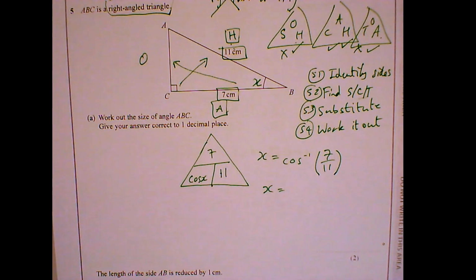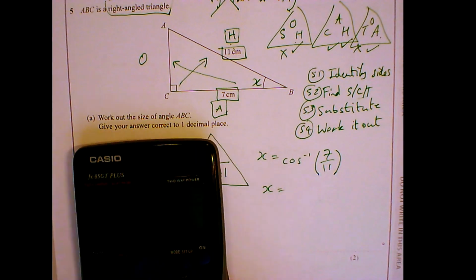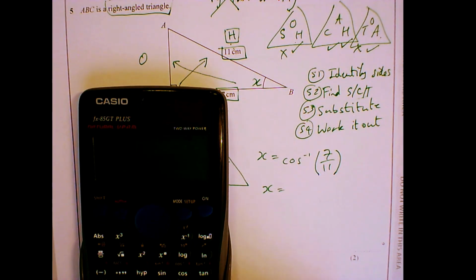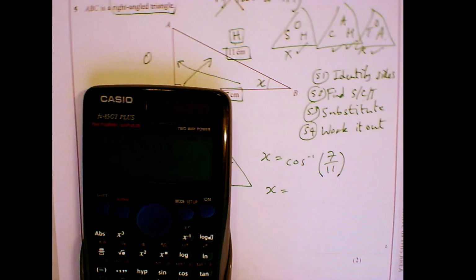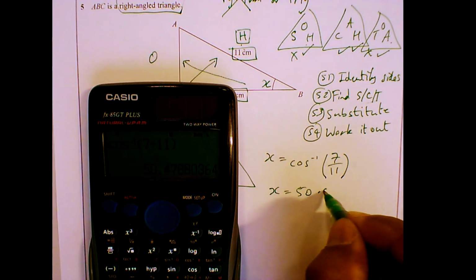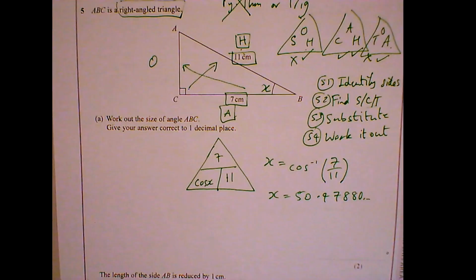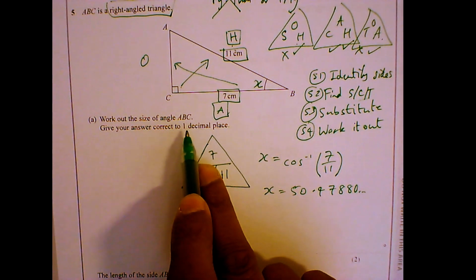So here's my calculator. I've got cos minus 1, bracket, 7 divided by 11, close bracket, and that gives me 50.47880... If I read my question, give your answer correct to one decimal place.